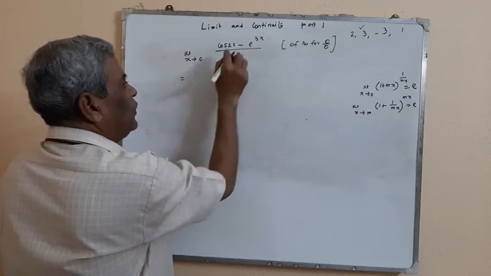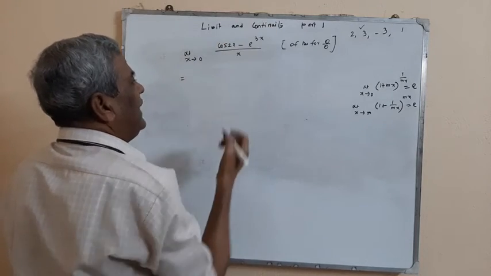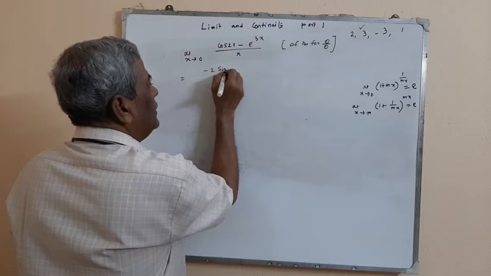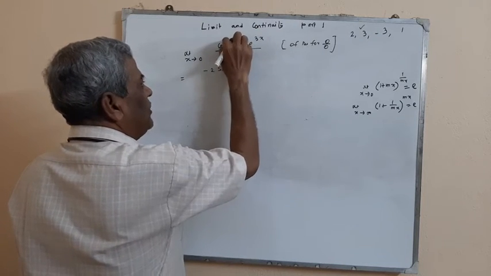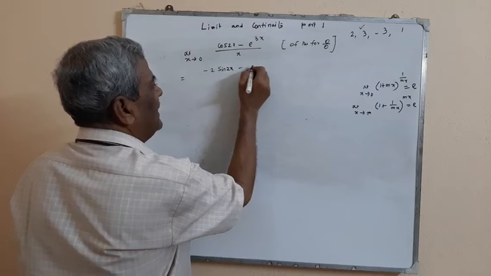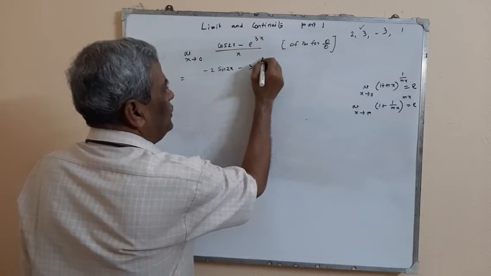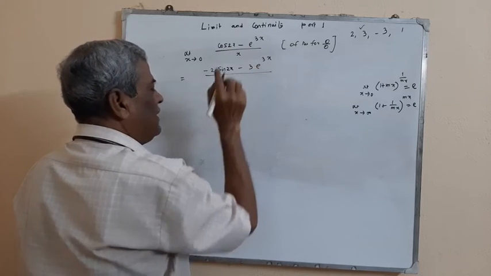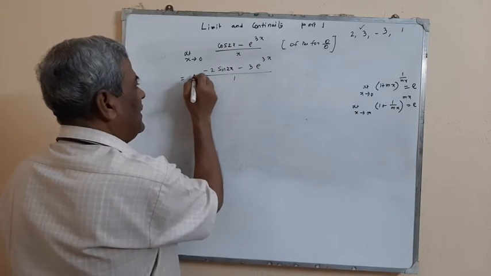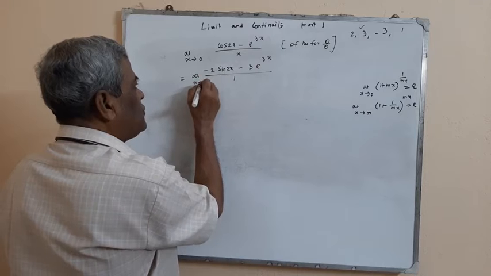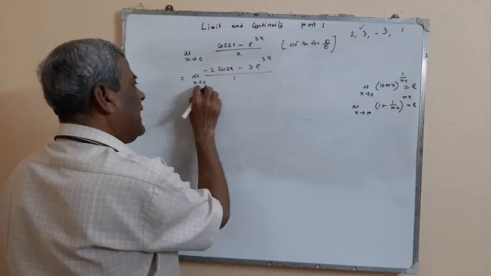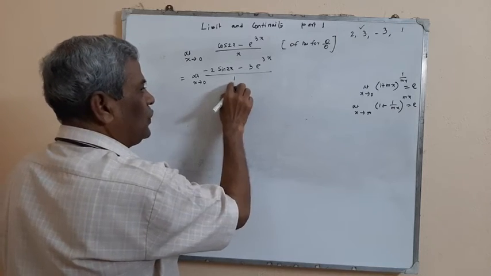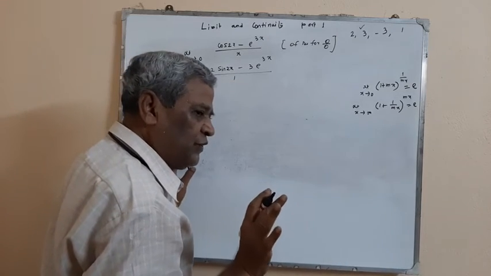What is that? We have to differentiate the numerator. The derivative of the numerator is minus 2 sine 2x minus 3 into e to the power 3x, by the derivative of the denominator, which is 1, limit x tends to 0. Now by putting x tends to 0, this is not 0, so it is not of the form 0 by 0.